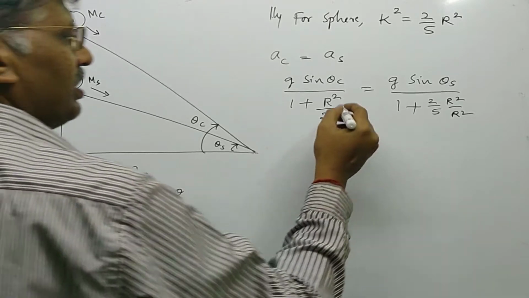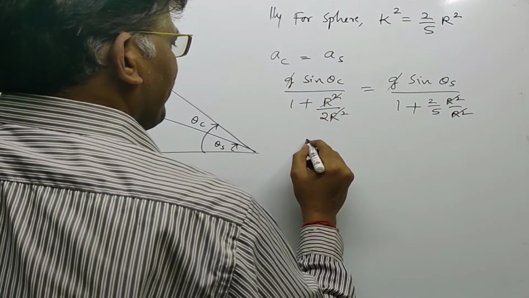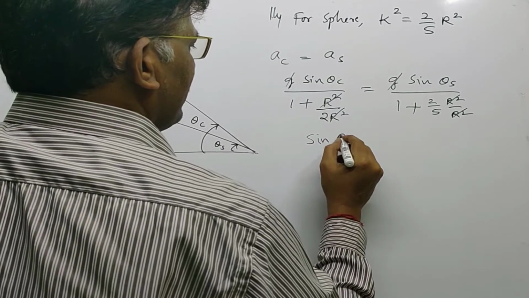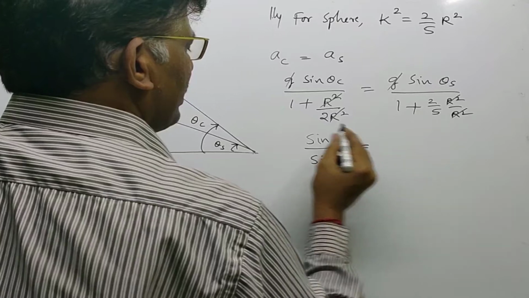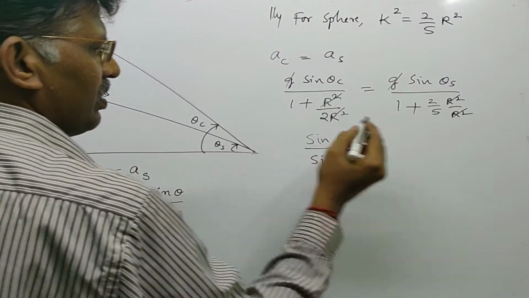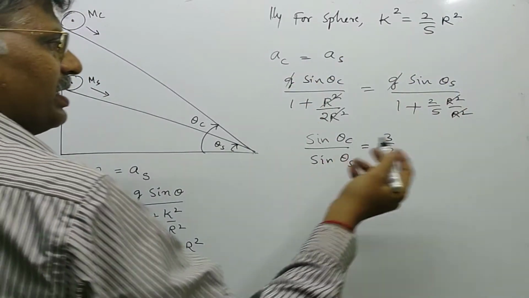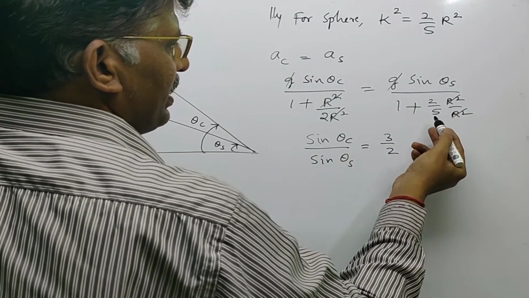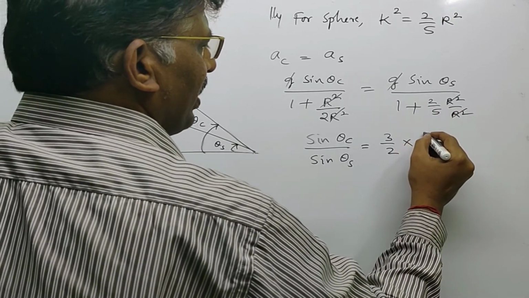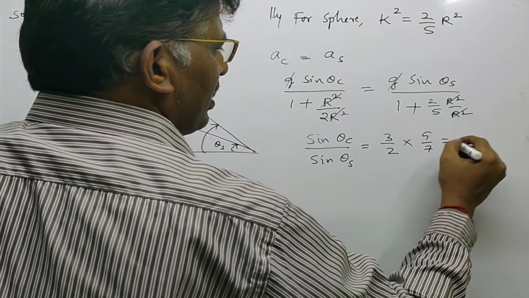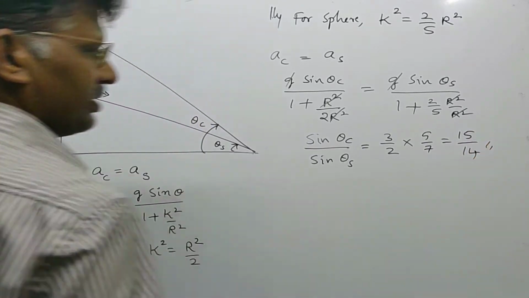In both cases r square cancels, g cancels. So sin theta c divided by sin theta s is equal to, see here, 1 plus 1 by 2 becomes 3 by 2, which goes to the numerator on this side, and on the right side the denominator 1 plus 2 by 5 is 7 by 5, which becomes 5 by 7. So that is equal to 15 divided by 14, which is the answer.